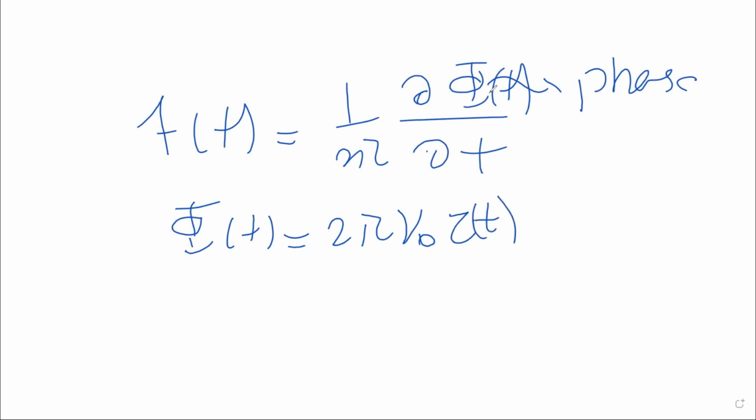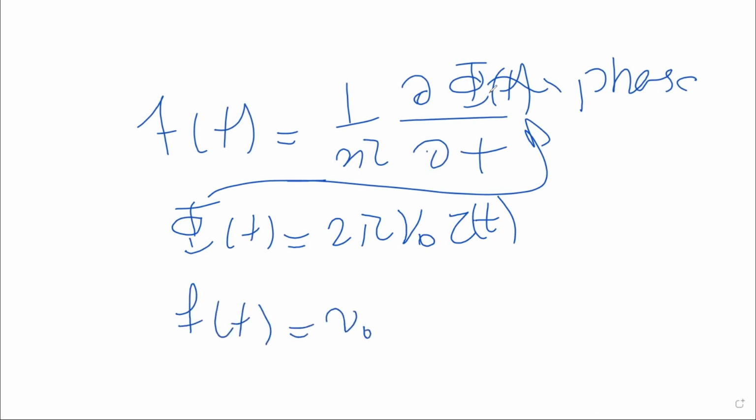This is the relation between the phase and the time delay. And if I insert this back inside this equation, the fringe frequency will be V0, the reference frequency, times tau dot.